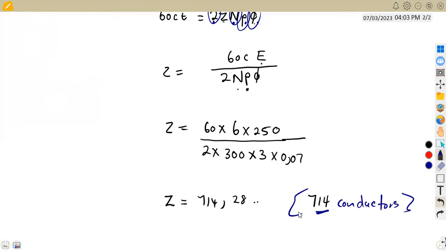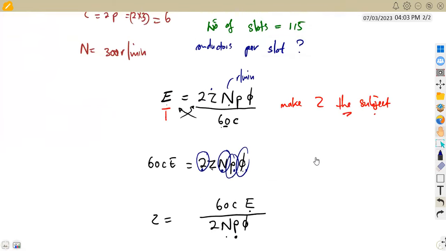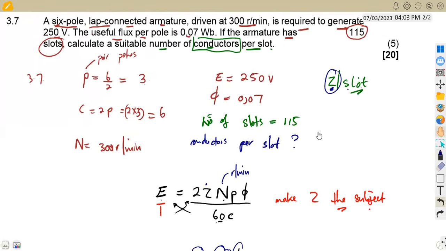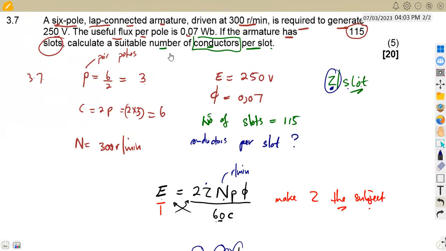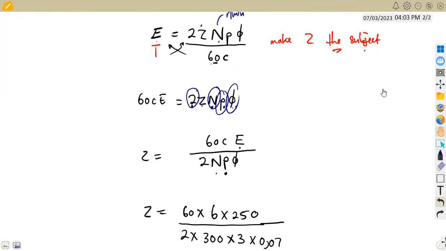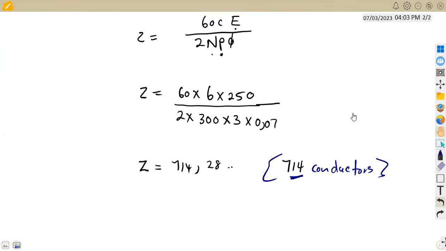If there are 714 conductors, how many conductors are there per slot? Let us take our question. The question is to calculate the suitable number of conductors per slot. There are 115 slots, and these 115 slots correspond together with the 714 conductors.